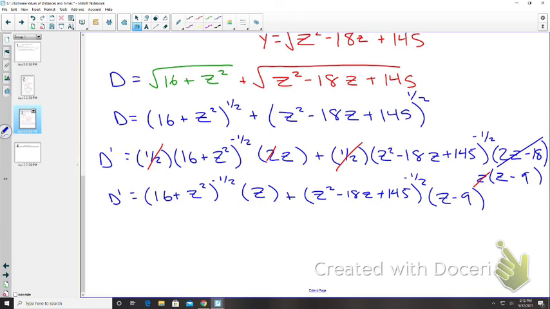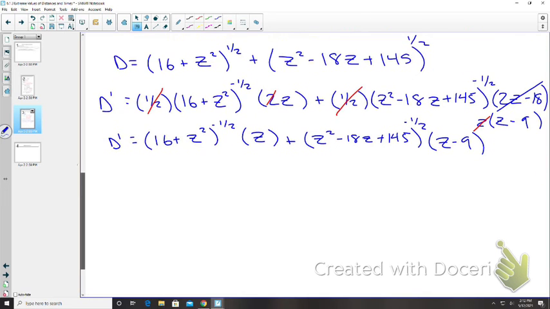Now, to find a max or a min, this question is a minimum, so we want to set the derivative equal to 0. Even if it was a max, we would still set it equal to 0. Let's do that, and I'm also going to rewrite this so we have our negative exponents in the bottom.